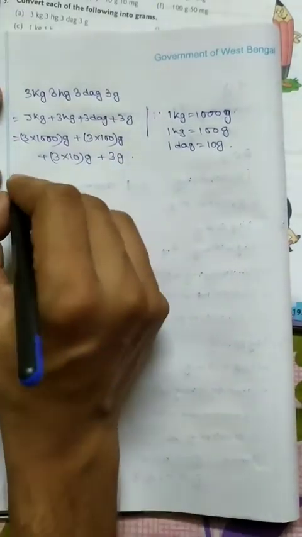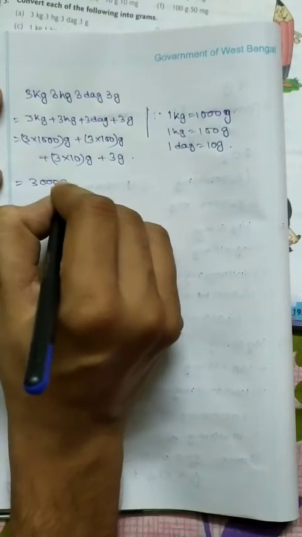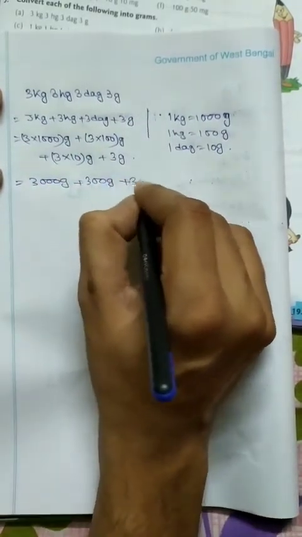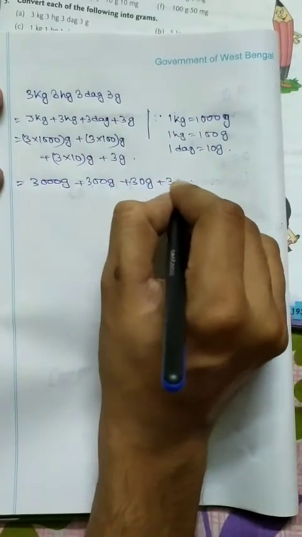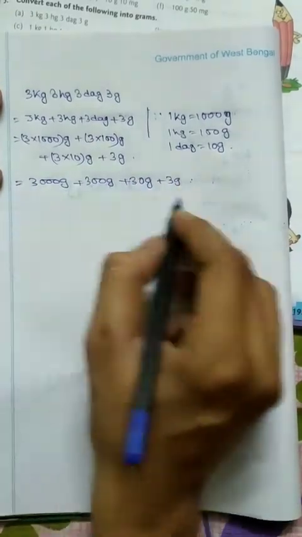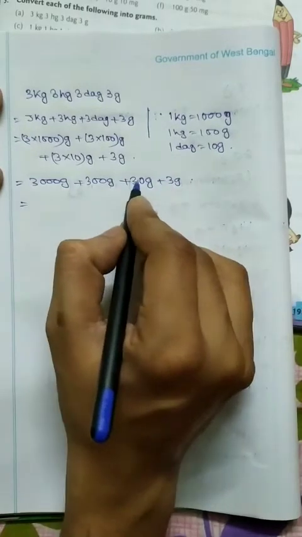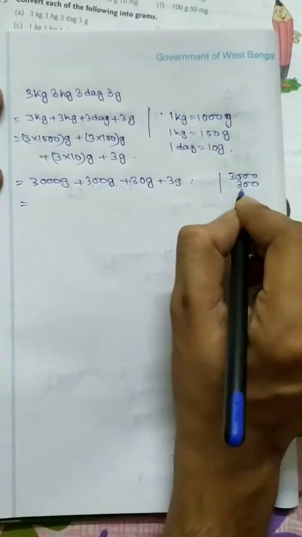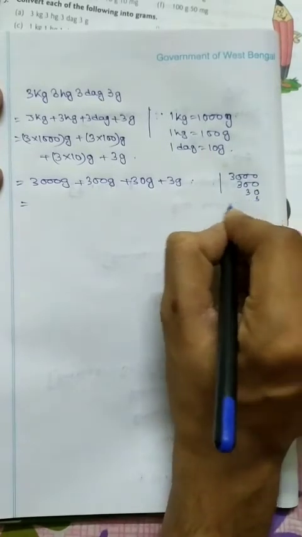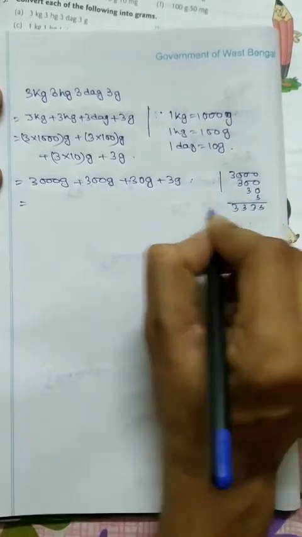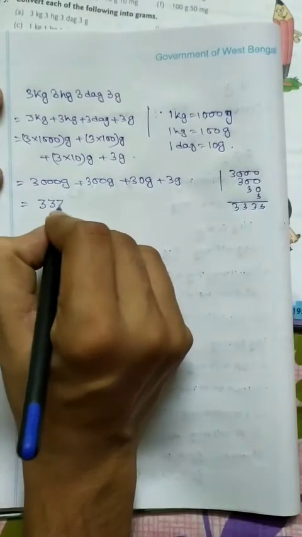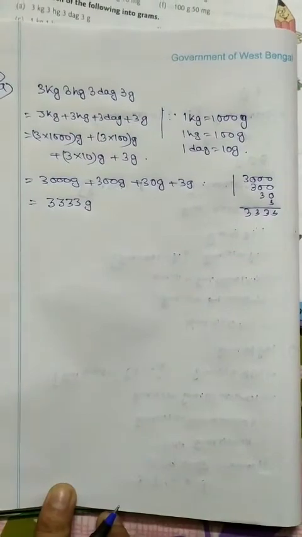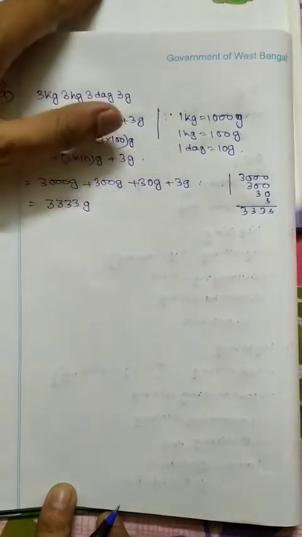Okay. Now we have 3000 gram plus 300 gram plus 30 gram plus 3 gram. Okay. Adding all of this, we write 3 3 3 3, that is, we have 3333 gram.